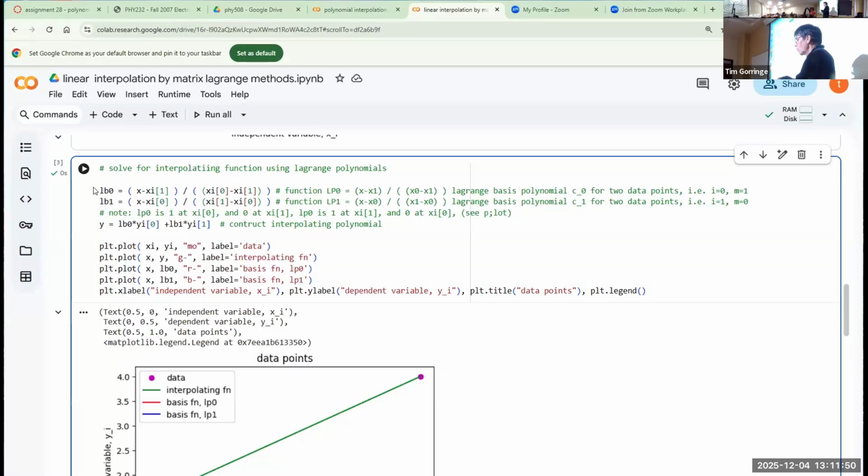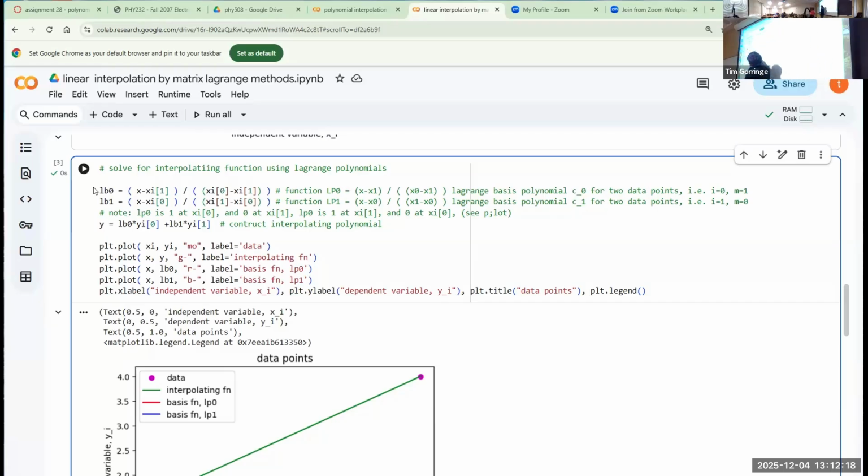So if you had n+1 data points, that index was running from 0 to n. We've got 2 data points in our particular case, so we're going to have 2 Lagrange basis polynomials with indices L0 and L1. So I've got to construct L0 and L1.